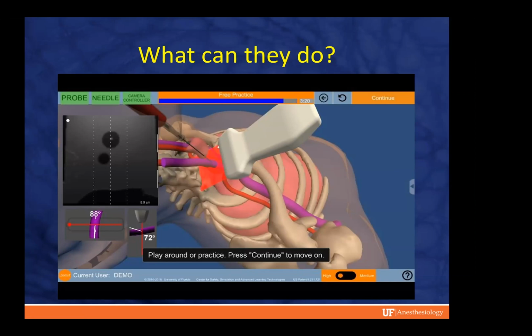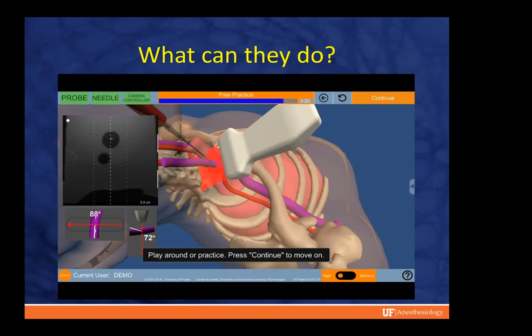And this can help with learning what sort of risk you are applying. Could this image be optimized? I would argue yes. If this probe, rather than flat against the skin, was pointed straight at the floor, you could get an image that had your vein lateral to the artery rather than overlapping by almost 50%.